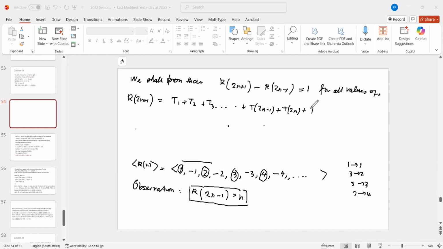The next one is plus 2n plus 1. And that takes care of that. Now you take R of 2n minus 1. It's the sum of the first 2n minus 1 terms. So you'll stop here.